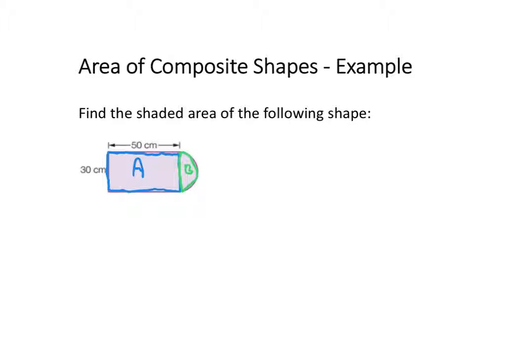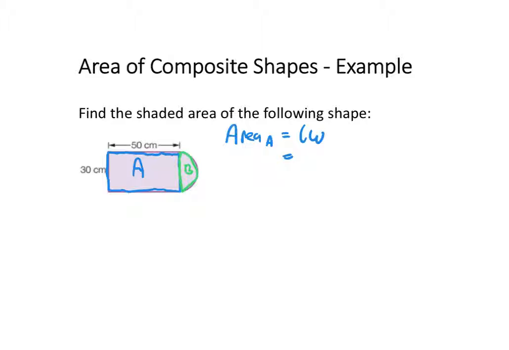So now that we have completed step 1 and broken the composite shape into smaller shapes, we now move on to step 2, which is to find the area of the individual shapes. We'll start with shape A, which is a rectangle. So the area of shape A is going to equal the length times the width.